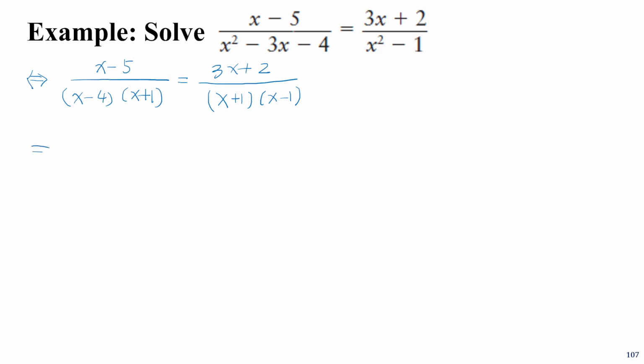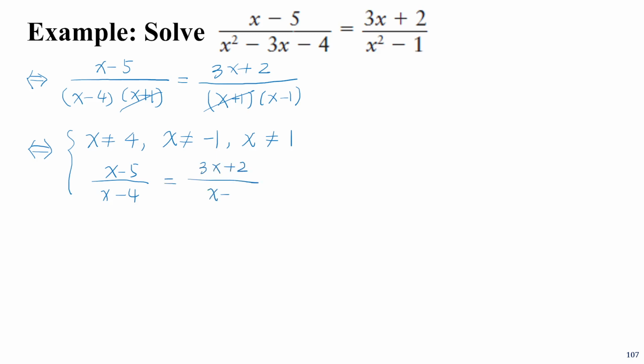So next, we need to ensure both of the two denominators cannot be 0. So x cannot be 4, and x cannot be negative 1, x cannot be positive 1, right? So as long as it ensures this, we can safely cancel the (x plus 1) here. Then that's equivalent to (x minus 5) over (x minus 4) equals (3x plus 2) over (x minus 1), right?